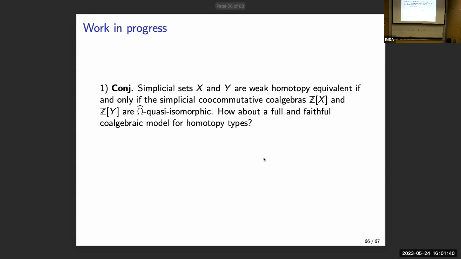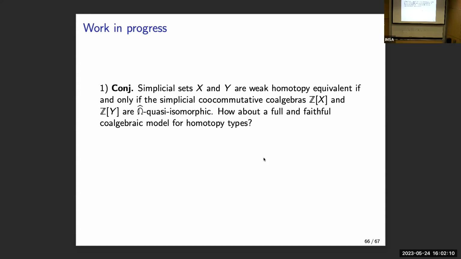Then the next question is, how about obtaining a full and faithful model for homotopy type instead of this? You would have to consider coalgebras with more structure. Just considering, for instance, E-infinity coalgebras under this notion of weak equivalence, or simplicial co-commutative coalgebras will only give you a faithful model over the integers, possibly, but not full.